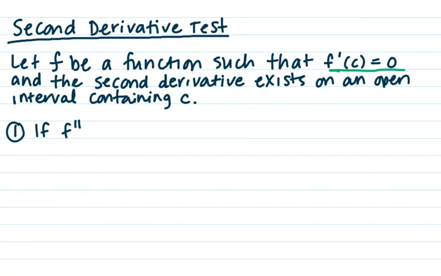Okay, and if that's the case, then if the second derivative at that value is positive, we know it has a relative minimum at that point.